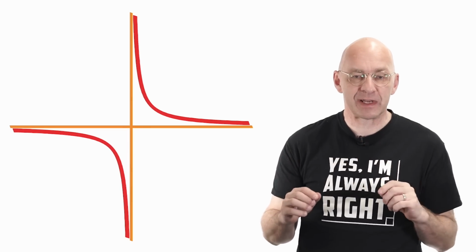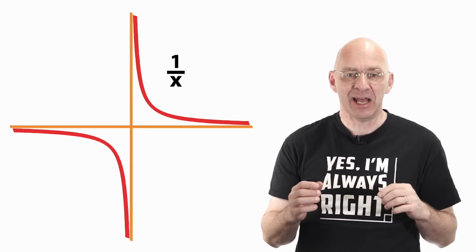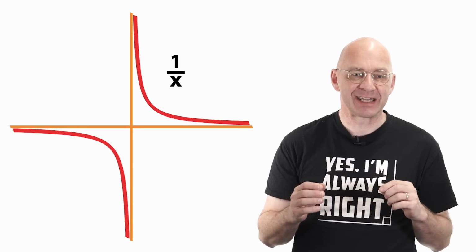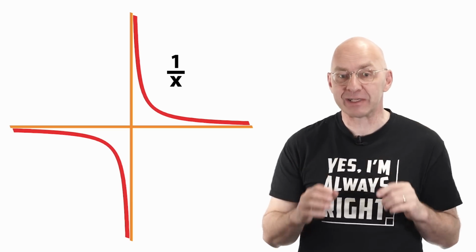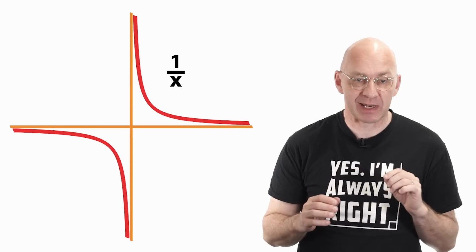Yes, that's our good old friend 1 over x. Nice grand entrance, huh? I bet you didn't know that 1 over x was hiding in a spinning cube. I also bet you didn't know that 1 over x leads a second life in anti-shapeshifter land.